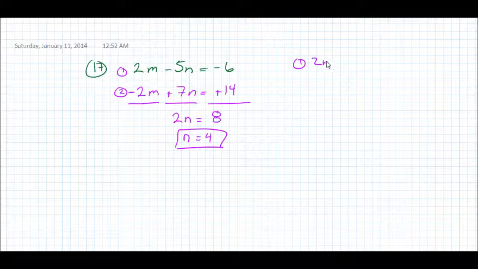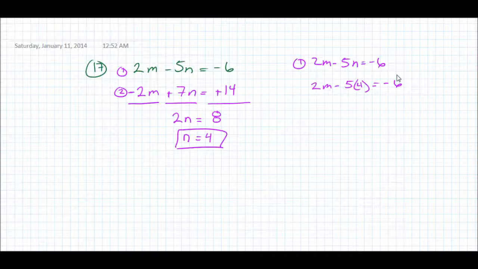We get 2m minus 5n equals negative 6. 2m minus 5 times 4 equals negative 6. So 2m minus 20, add 20 to each side, so you're going to get positive 14. So 2m divided by 2, 14 divided by 2, m is 7.